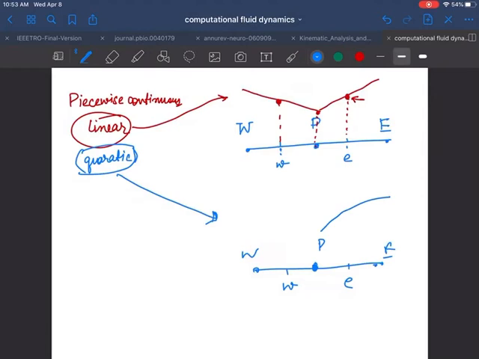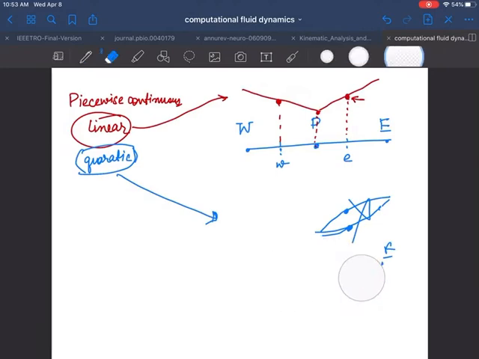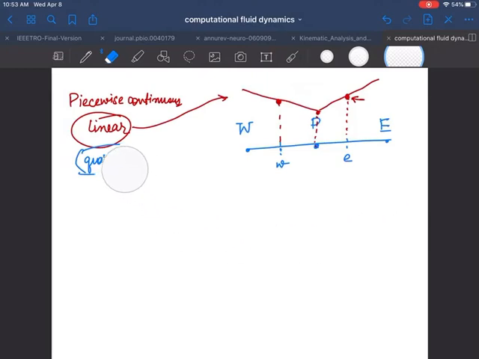But here my piecewise continuous function is something like this, in this domain, in W to P. So here what we are seeing is that E is having two different slopes, which is not an acceptable solution. So we are going to ignore higher order approximations, and a linear piecewise continuous function is sufficient to approximate the solution.